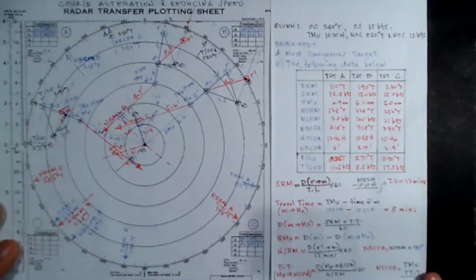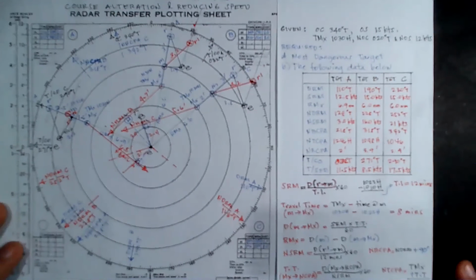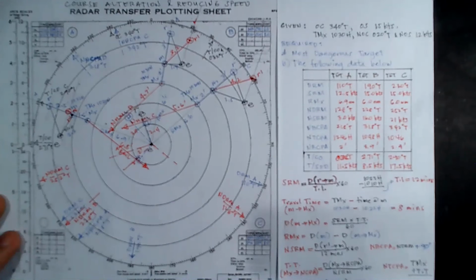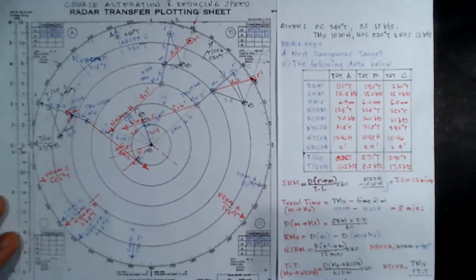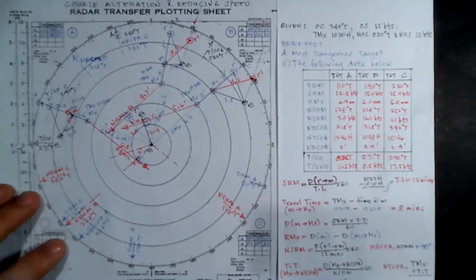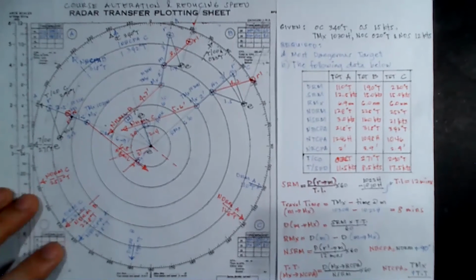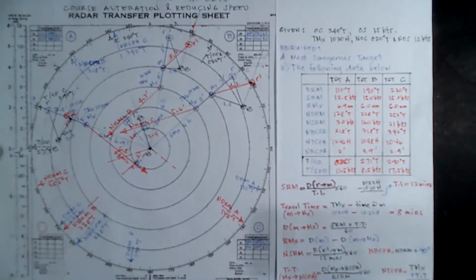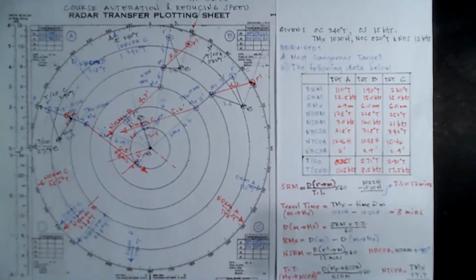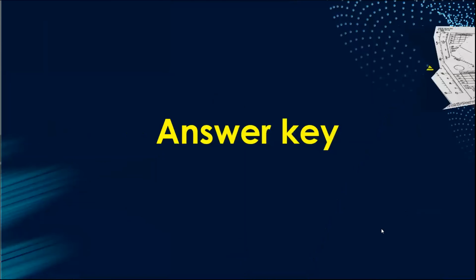So this is how we plot method number 4, multiple targets in radar plotting, course alteration and reducing speed. So for the answer key, it's given here.